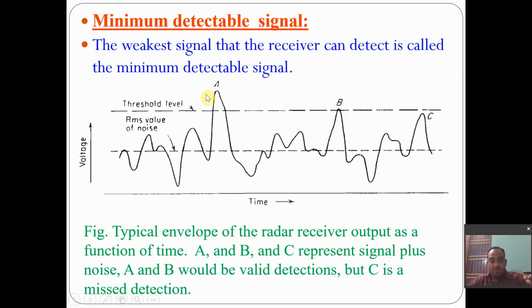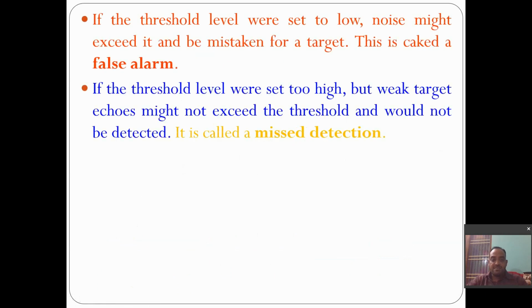Whenever the received power improves, you should understand that the target cross section is very large. So if you keep too high a threshold level, then the signal returned from small targets may not appear. This is called missed detection.